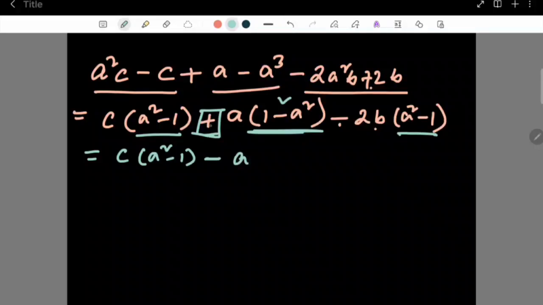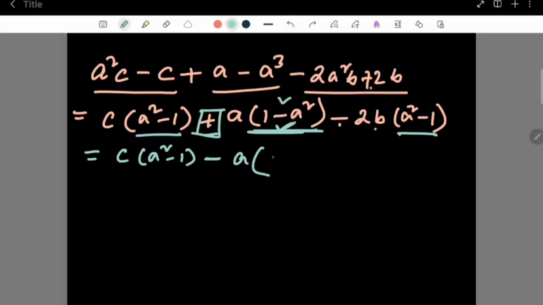If we change this plus sign to minus, this bracket will become reverse, as minus is common. Then this 1 got minus and this a square got plus, so it will become minus 1 plus a square. Whenever minus 1 plus a square, I can write it as a square minus 1.